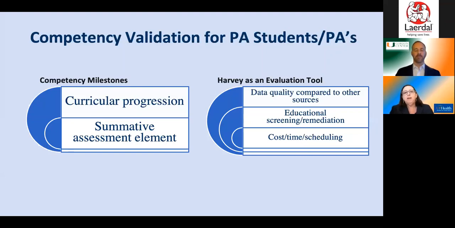Also, as all of you are keenly aware, the cost and the time and the puzzle that's associated with scheduling can be challenging, and Harvey in a convenient location really helps minimize the challenges associated with scheduling and time perspective.